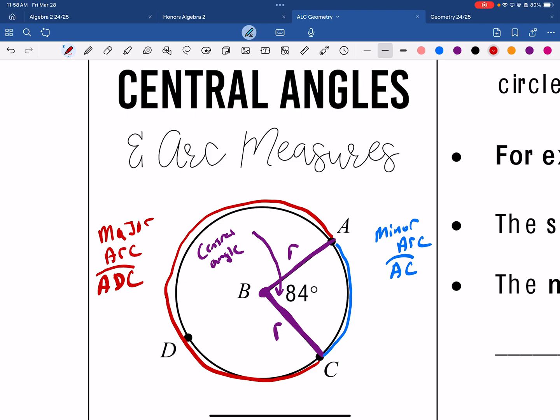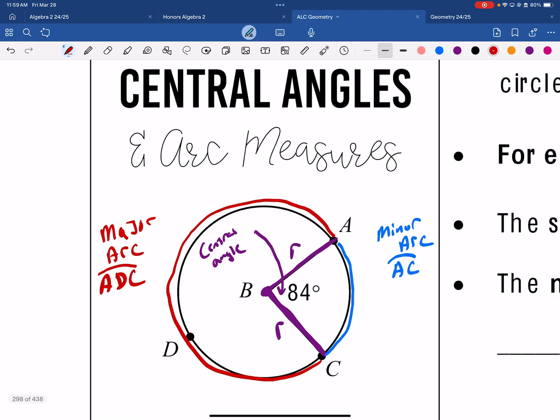We also talked about the whole distance around, the degrees around a circle. How many total degrees is a circle? If I start facing this direction and I turn all the way around, I've gone 360 degrees.